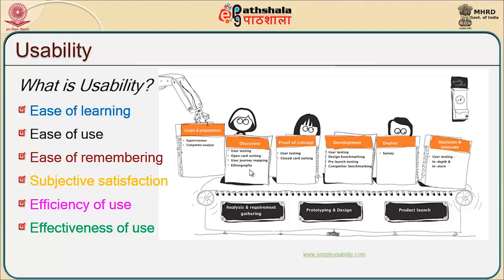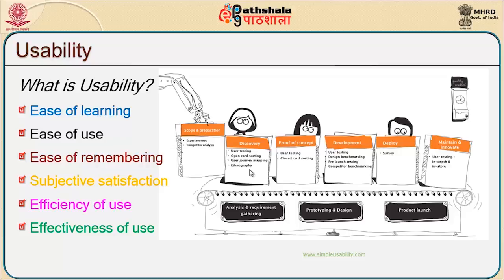It is not designed with the same format. Say in one window or one particular website, the logout button will be on the top right corner. In another window, the logout button will be somewhere in the middle, and in a third website, the logout button will be at the bottom. So usability becomes a very difficult task.